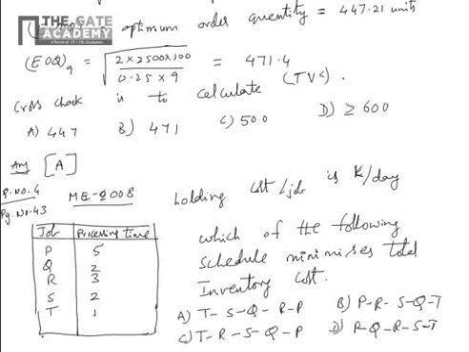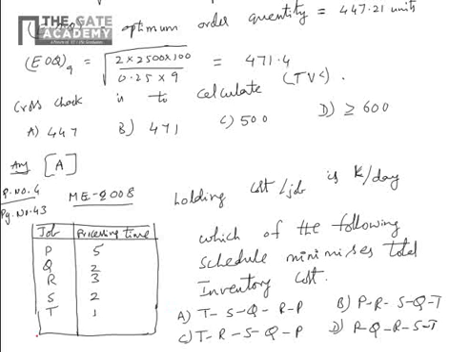The total overall inventory cost, initially it is 5k, once T goes out it will become 4k. After 3 days, the other jobs with processing time 2 are Q and S, so they will go out, it is 2k, 2k, and so it will reduce.